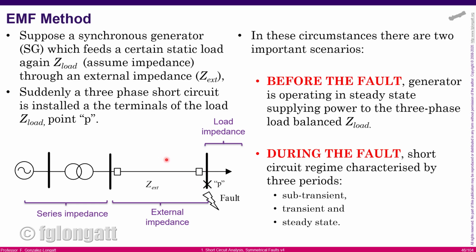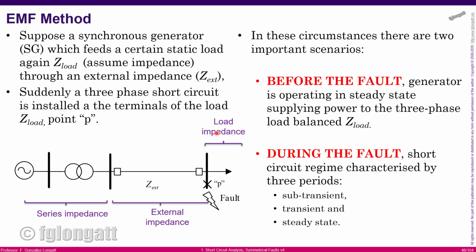And for a situation, there is a moment that at point P, there is a three-phase fault, okay? Before my colleagues from the utilities and some colleagues from academia start to say something, I will assume that the load that is connected at that bus bar is a static load.